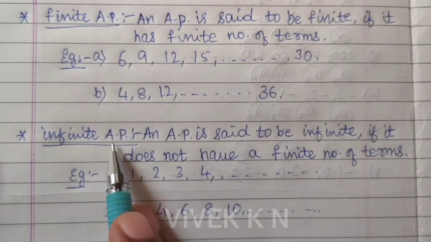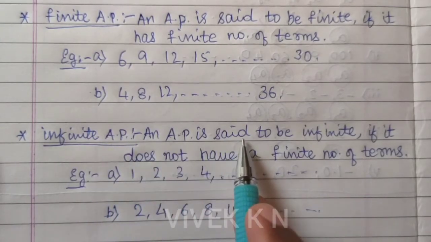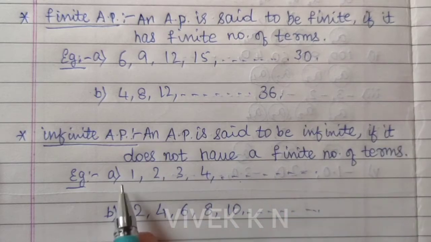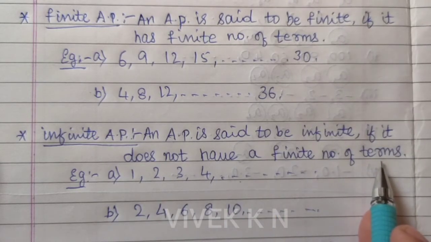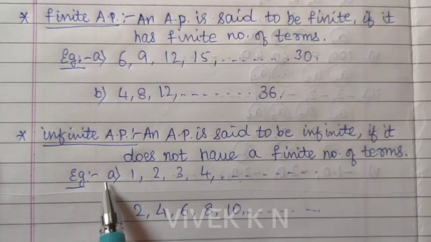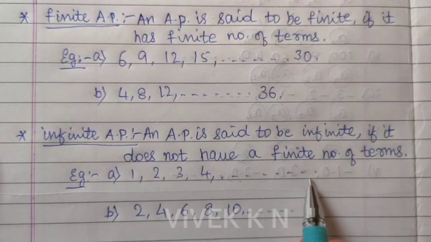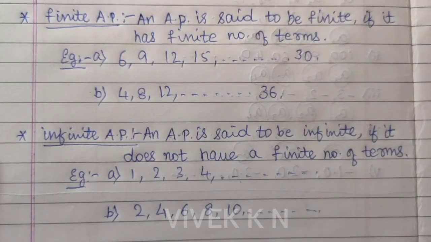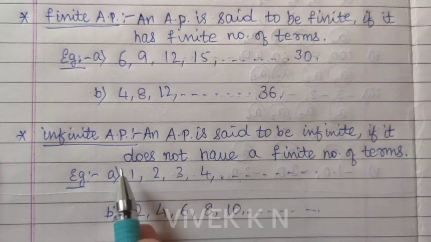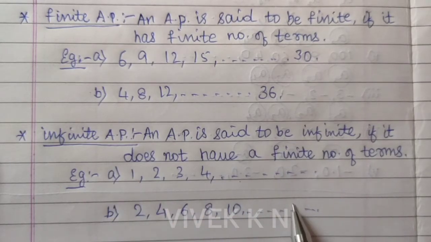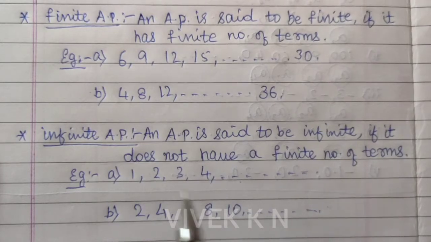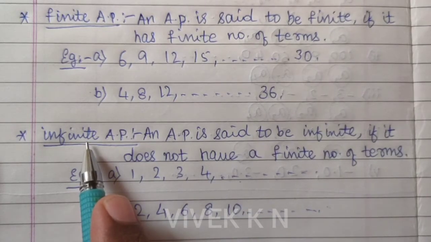Next, infinite AP. An AP is said to be infinite if it does not have a finite number of terms. For example, in this problem, it does not have a last number, so it is said to be an infinite AP. Here in this case also it does not have a last term, so this is also an infinite AP.